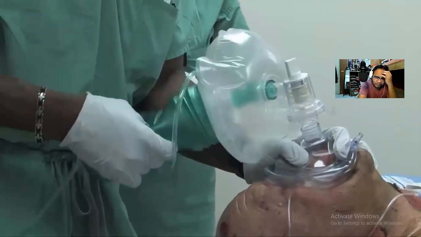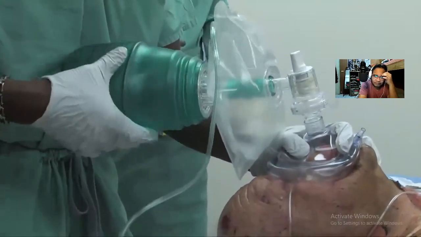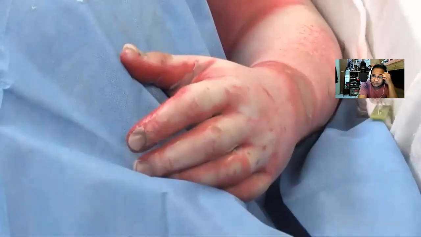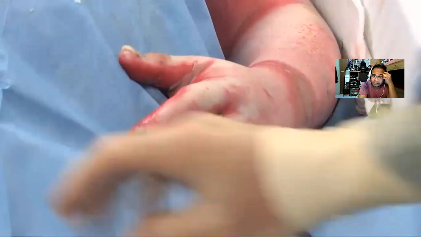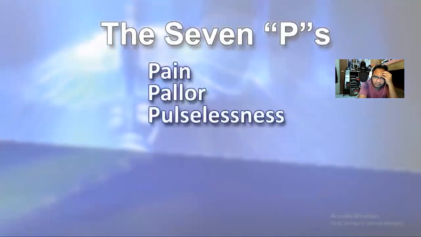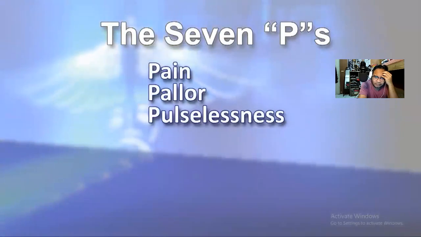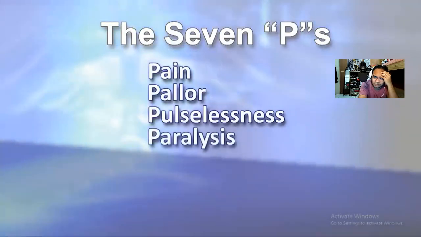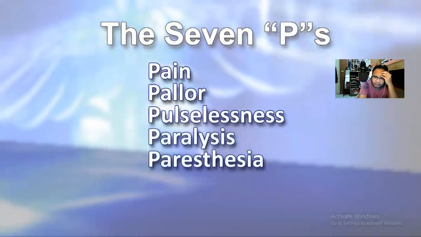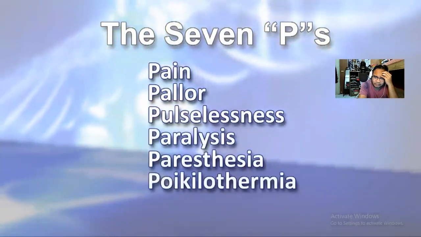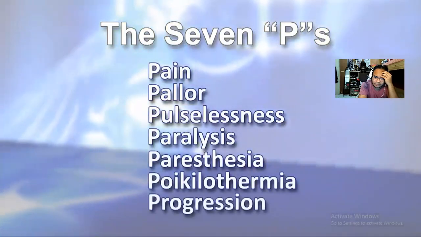These symptoms may occur as early as 2 hours after injury. The classic signs of ischemia may be found in many burn patients with compartment syndrome. These include the 7 Ps: pain, pallor, pulselessness, paralysis, paresthesia, poikilothermia, and progression of findings.